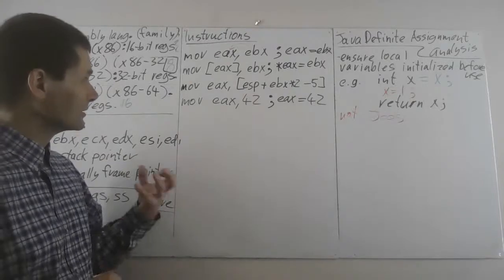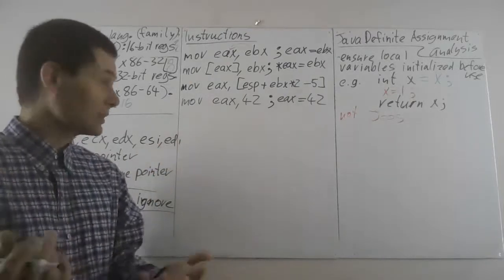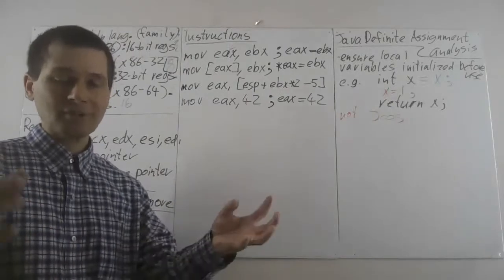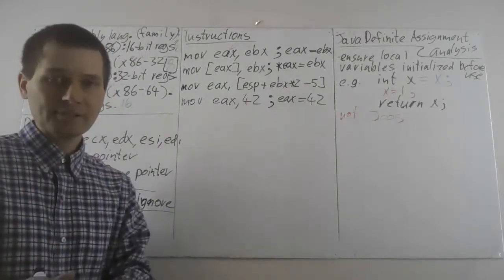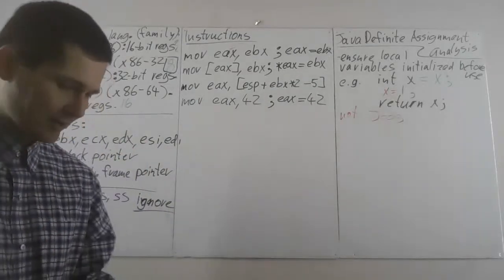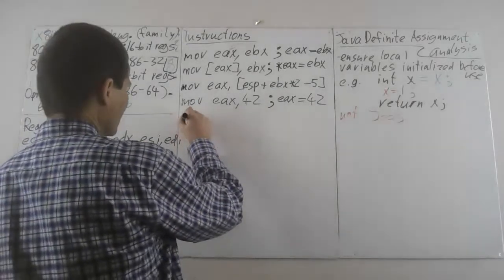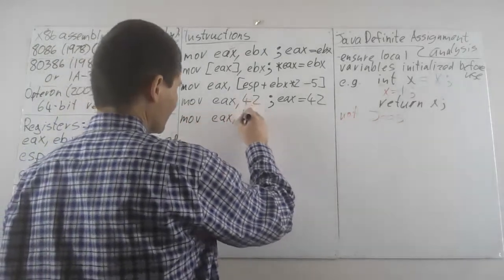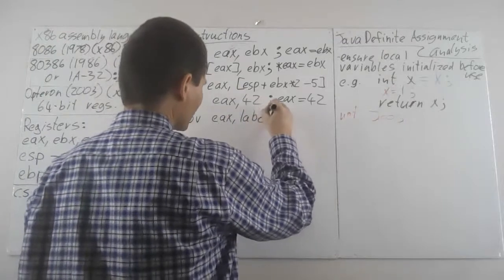And finally, like most assemblers, you can use labels. And so labels are names for constants, and usually they are constants that refer to memory addresses. Right? So I could say move EAX, and then I have some name called label.